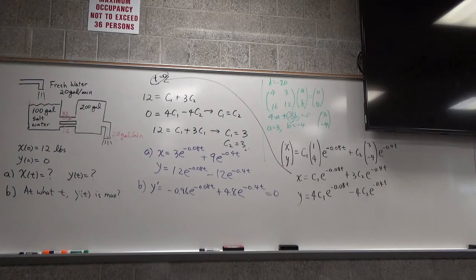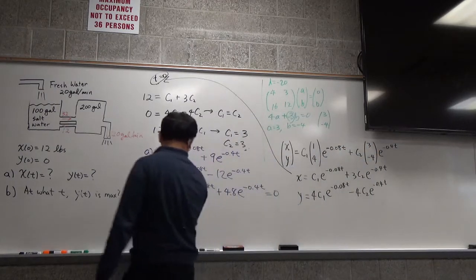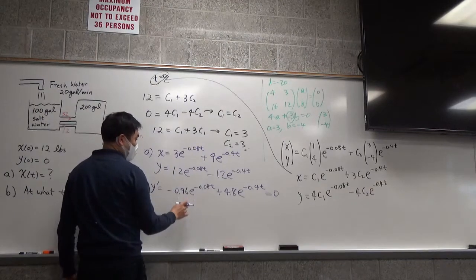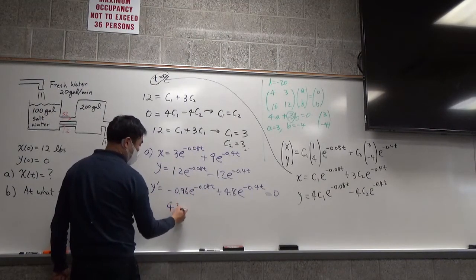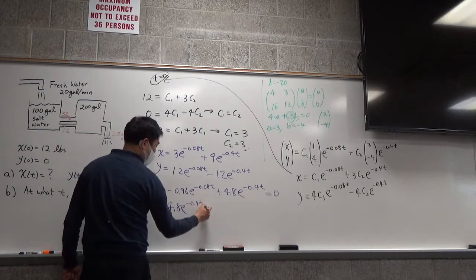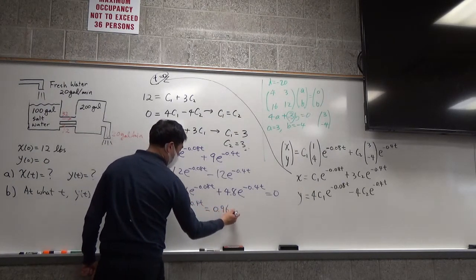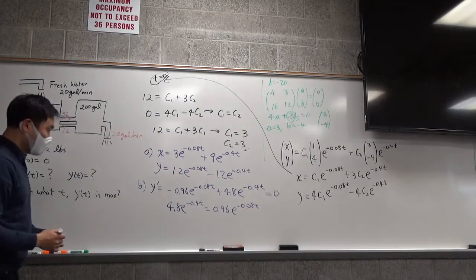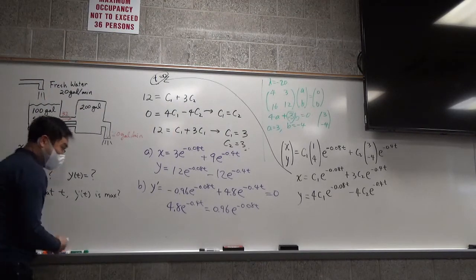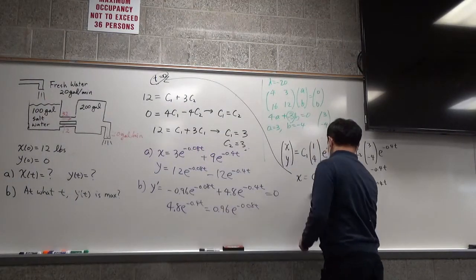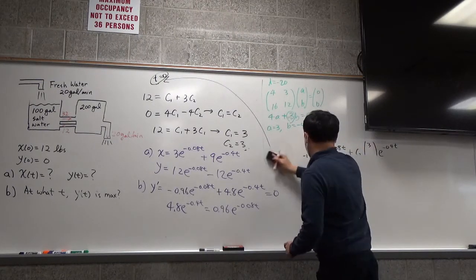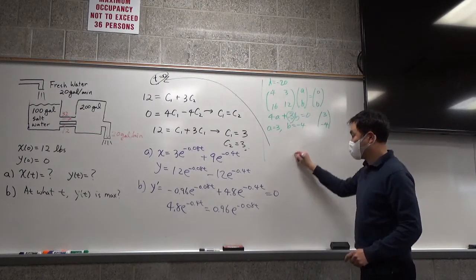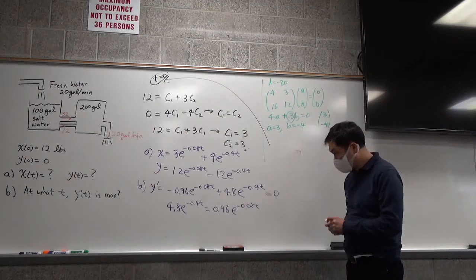So what you want to do now is move this to the other side and divide, so you have 4.8 e to the negative 0.4t equals 0.96 e to the negative 0.08t. And then you have to further solve it.